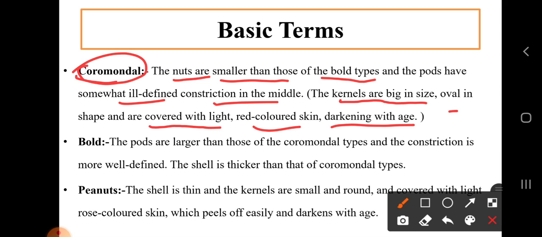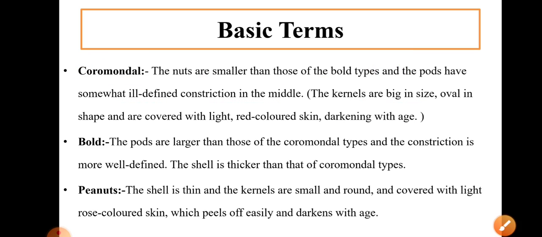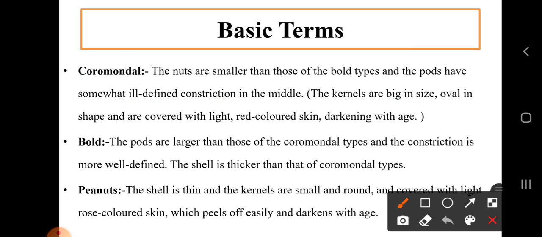So these are one kind of groundnut pods. They are smaller in size as compared to the bold kind of pods, and at the middle they are somewhat bending, or ill-defined constriction, and are called coromandel.